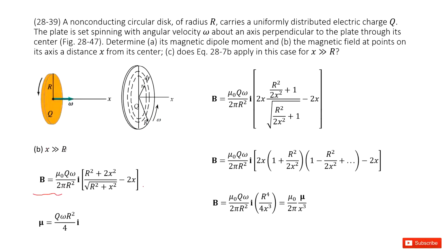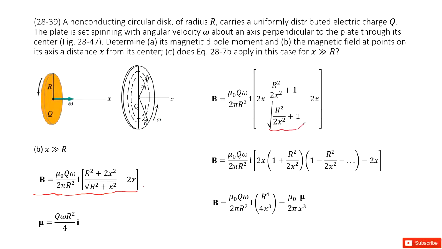When x is much larger than R, that means R divided by x is much smaller than 1, right? It's almost 0. So now from this equation, we can divide by 2x squared on the upper side and the lower side. Looks like this.